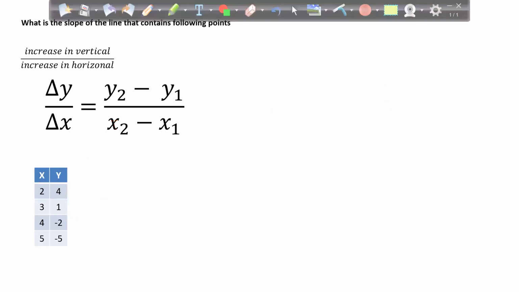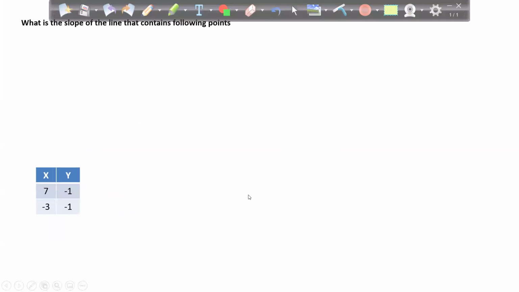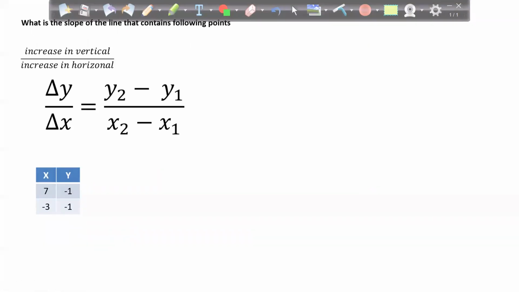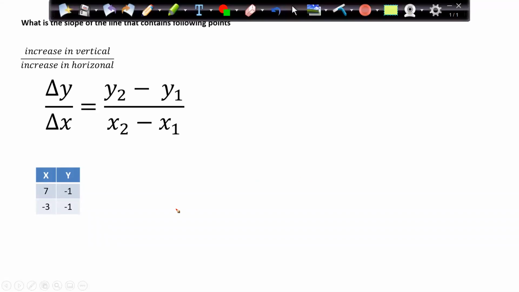Let's take one more example. What is the slope of a line that contains the following points? I have only 2 points here, so let me use that. This is my x2, y2. This is my x1, y1. My x2 is -3, y1 is 7, so -7.